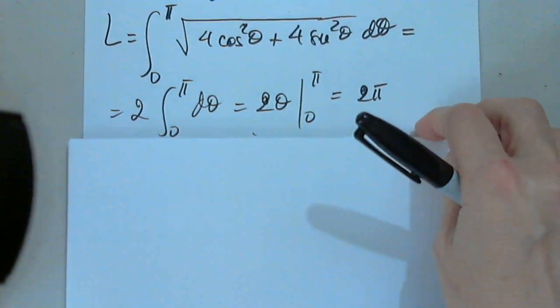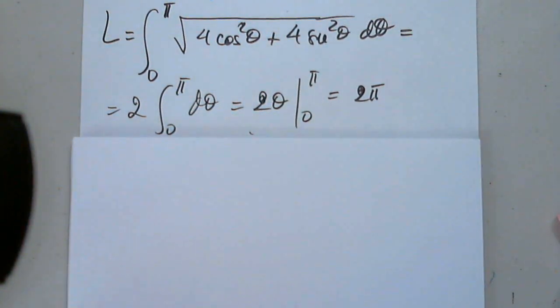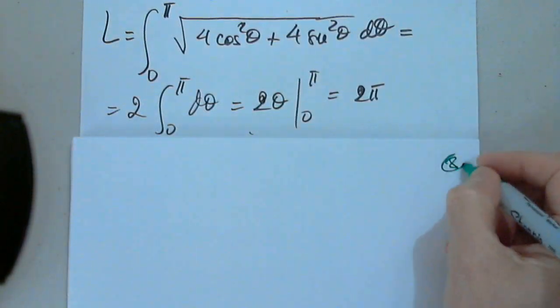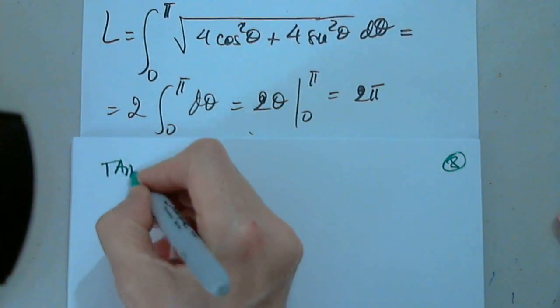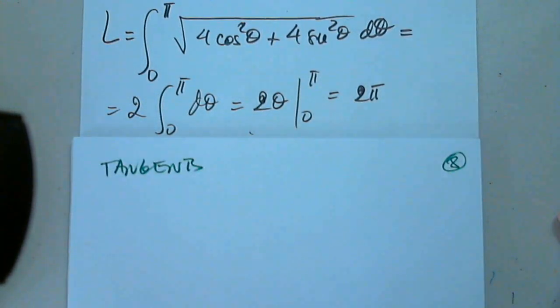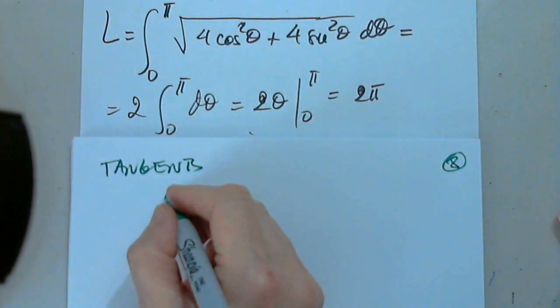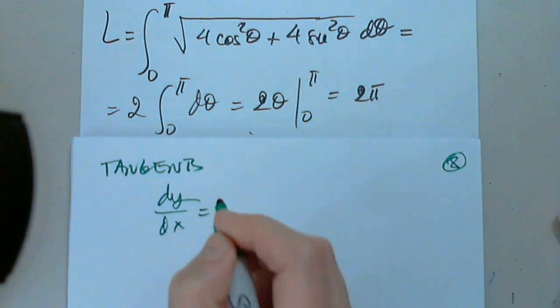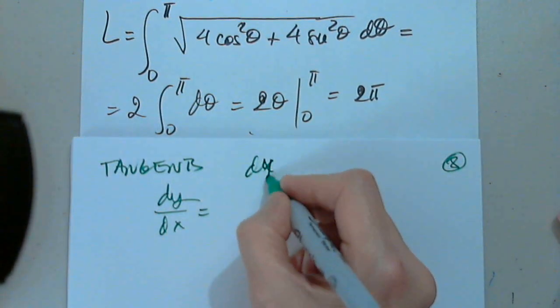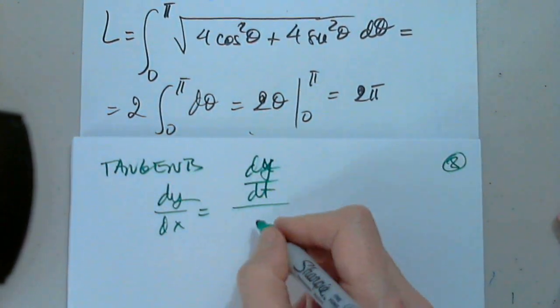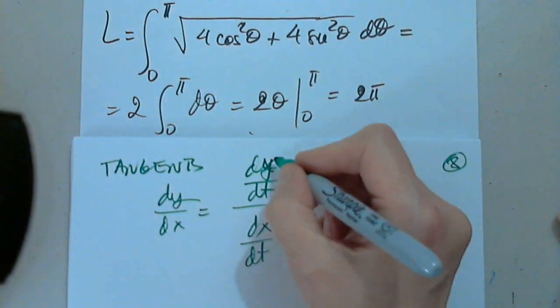Okay, finally, let's talk about tangents. And if you remember, we had the formula dy over dx equals dy over dt over dx over dt.